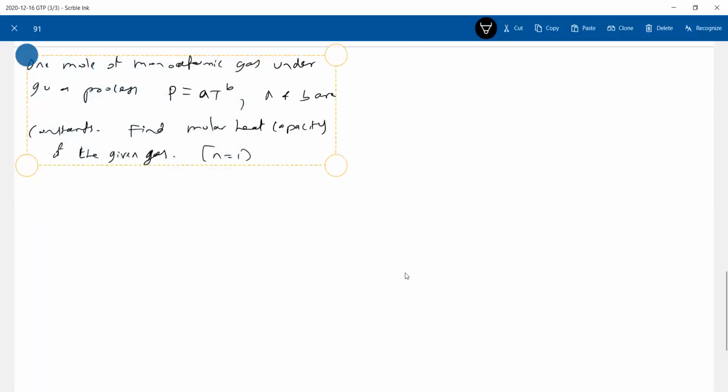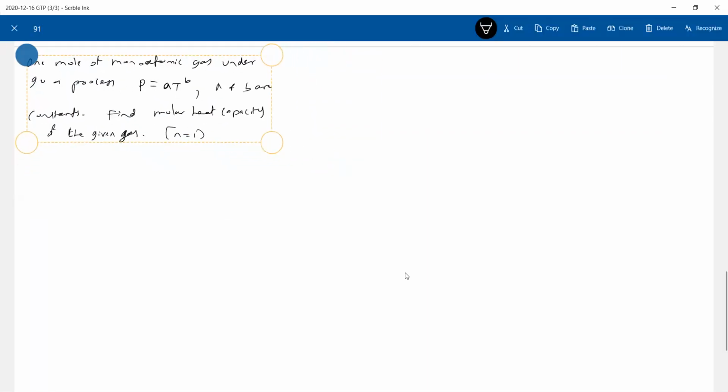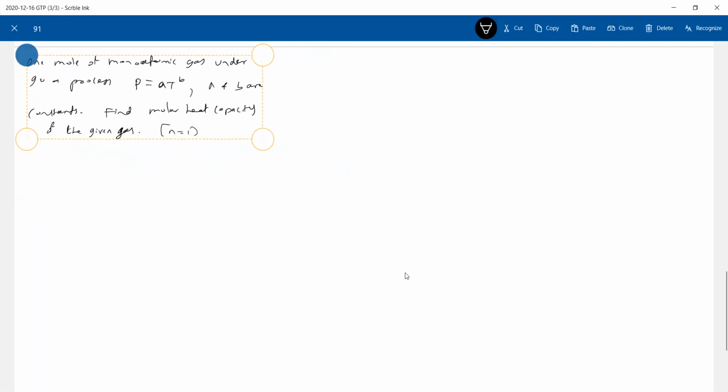Proceed in the same way as what I just discussed. First, we'll do one thing. P equals A T to the power of B. Let me write P equal to, this will be R T by V.